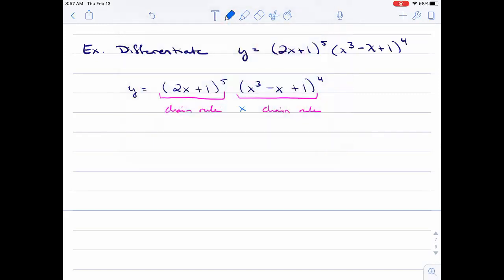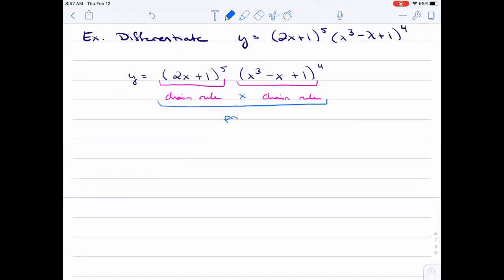But because I'm multiplying two chain rules, overall, I'm going to end up needing a product rule. So I'm going to start with the product rule because the product rule is going to lead me to these chain rules.